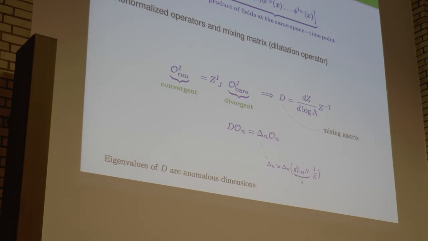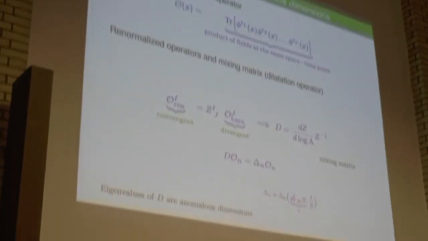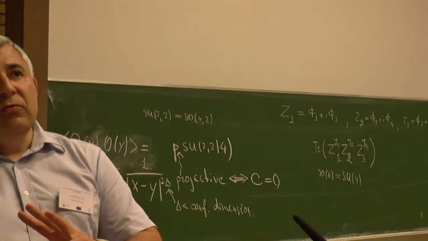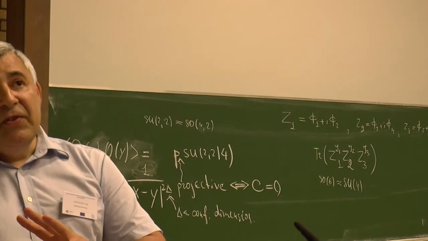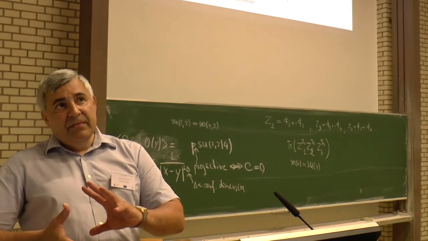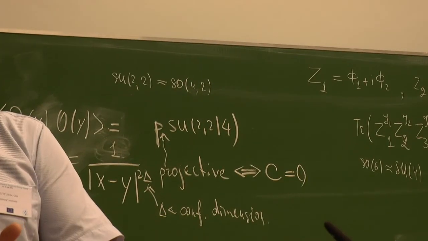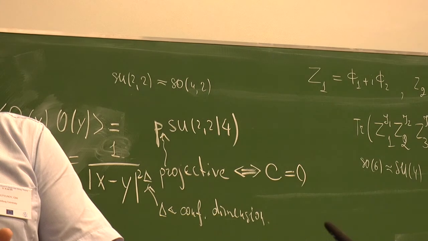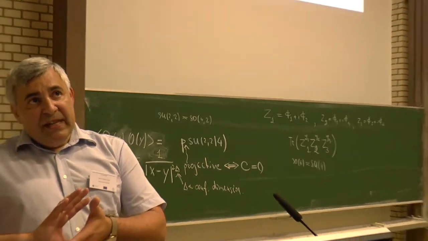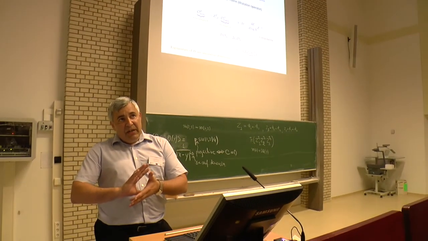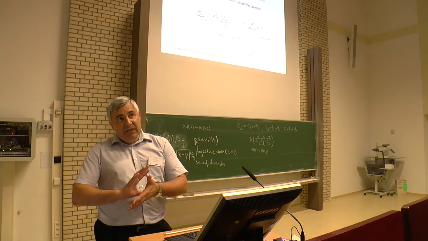So before you perform this diagonalization of the matrix, you don't know what the conformal dimension of your fields is, and your fields are not primary fields. When you diagonalize it, these fields acquire a well-defined anomalous dimension. And from this point of view, they are eigenstates of the dilatation operator because their dimension is well-defined.